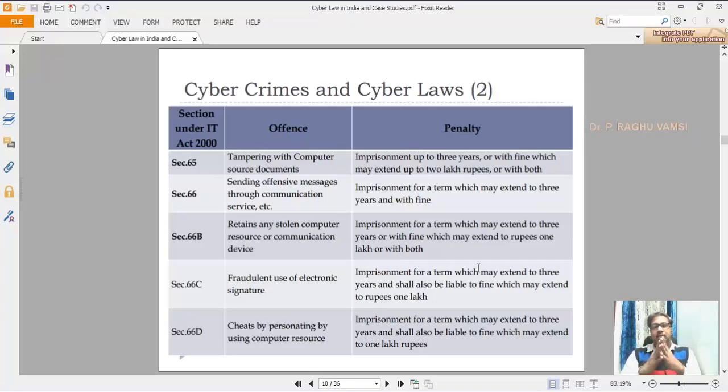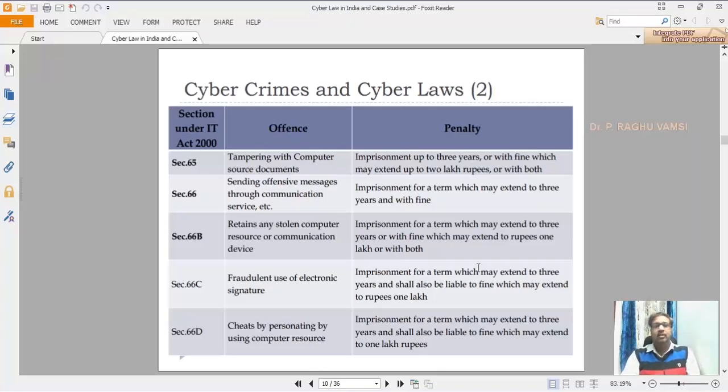She belongs to the Thane district, and she had kept a comment on social media related to the death of the late Bal Thackeray. So she was arrested under section 66A.